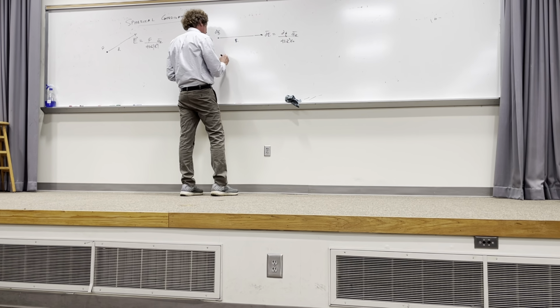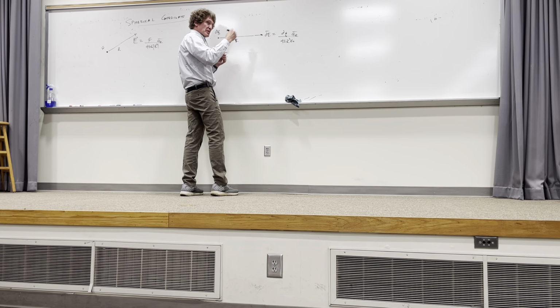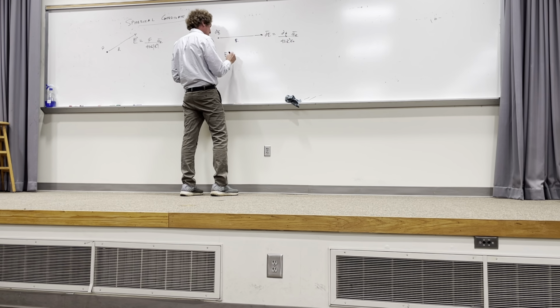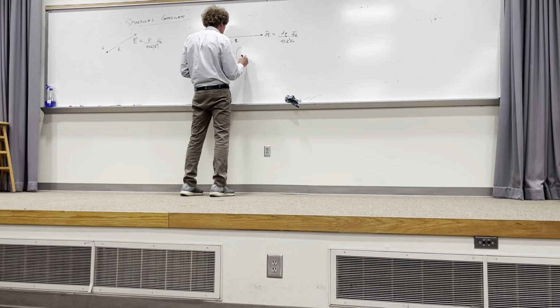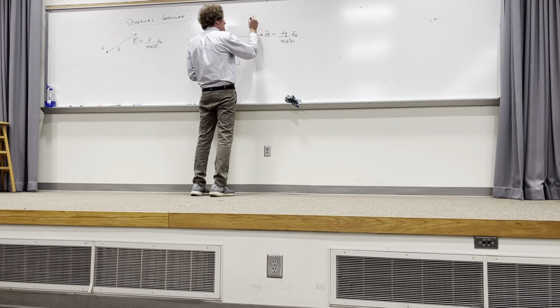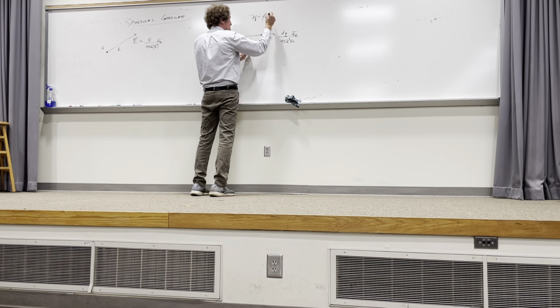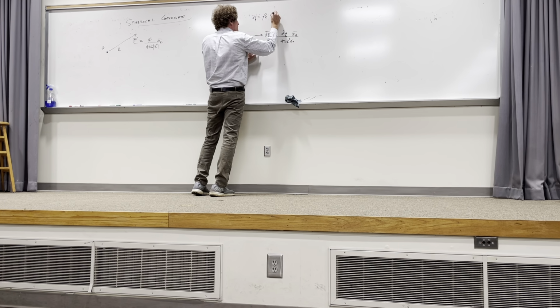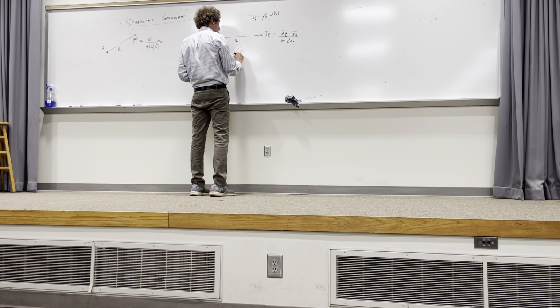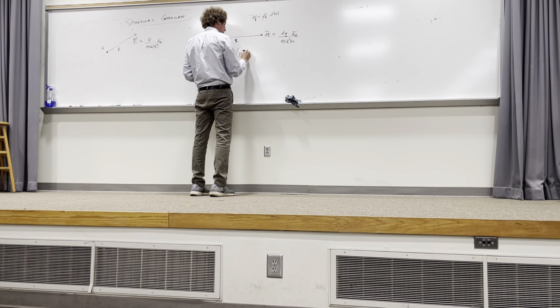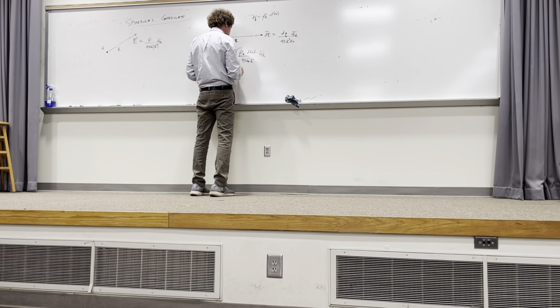Then the electric field from a distribution of electric charges would be equal to the integral of dq over 4 pi epsilon naught r squared, in the aR direction. If it's volumetric, dq would be the volume charge density times the actual differential volume, and this would be over the volume.